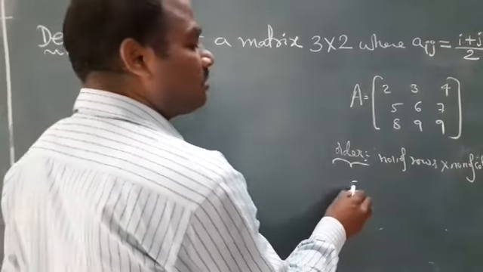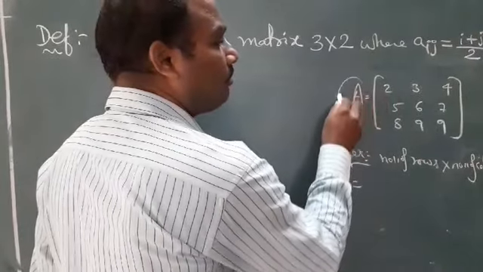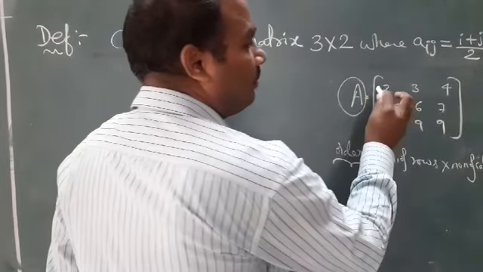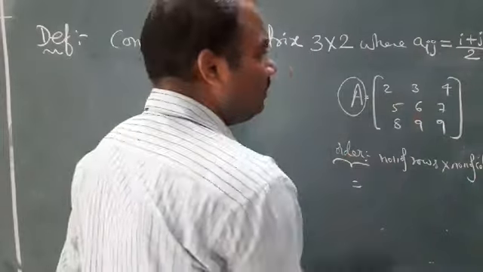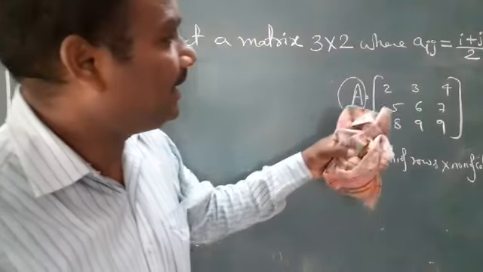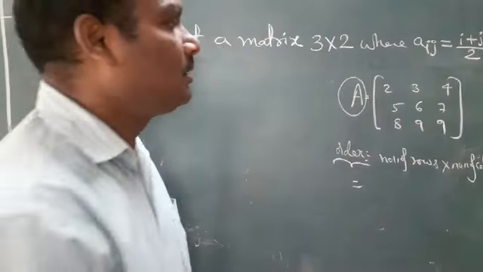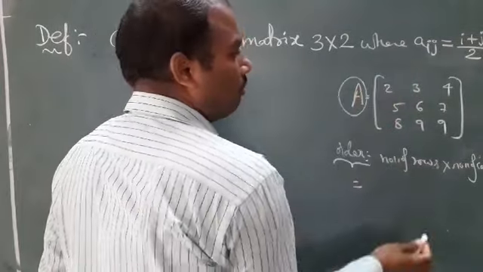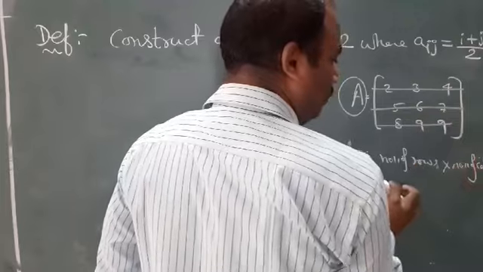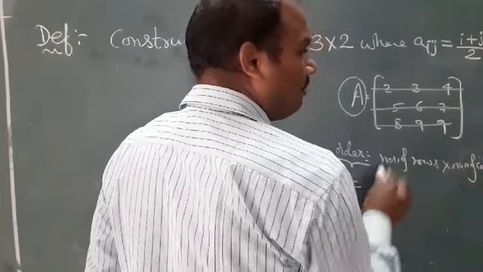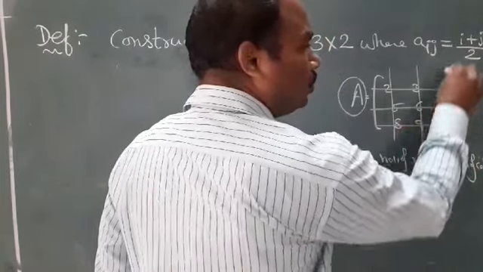Just observe here, order of matrix क्या है? How shall we calculate? Rows from top to bottom: 1, 2, 3. So 3 rows. Columns: 1, 2, 3.